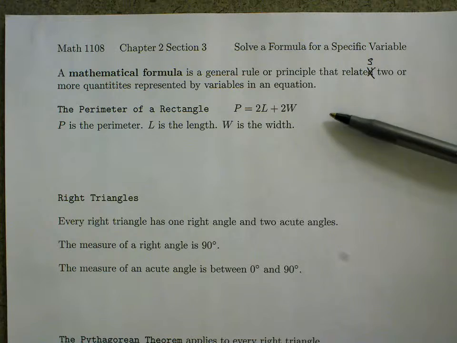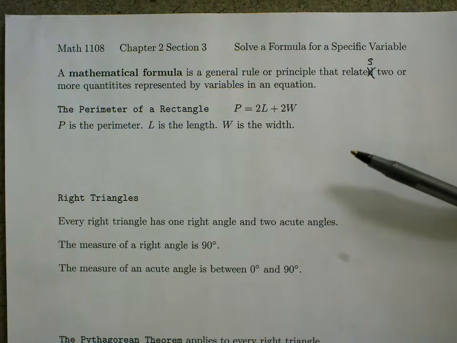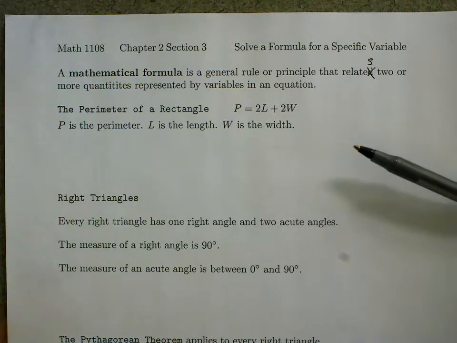This formula is the formula for the perimeter of a rectangle. We use capital P to represent the perimeter. Capital L represents the length of the rectangle, and W is the width.